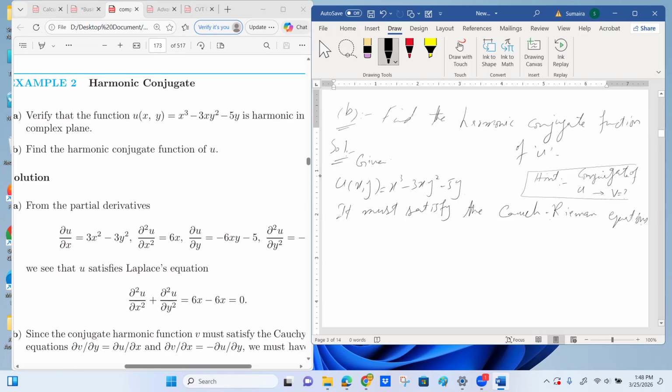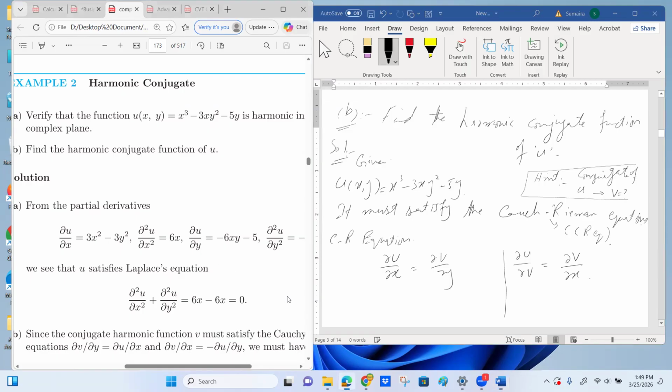So the CR equations are two equations. Partial u by partial x is equal to partial v by partial y, and partial u by partial y is equal to, I think, a minus sign, I check again, partial v by partial x.